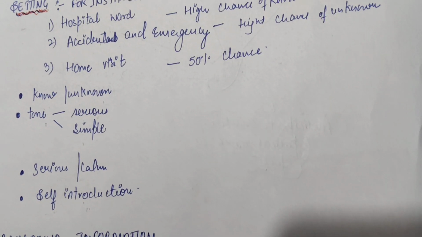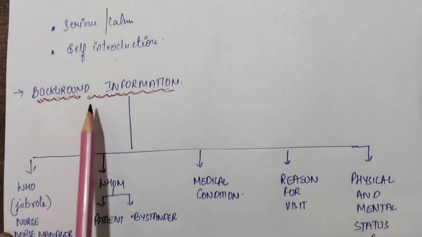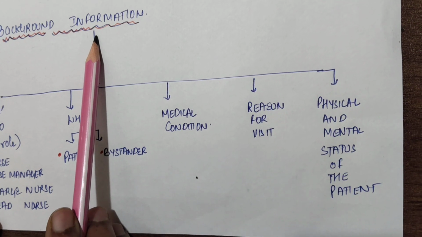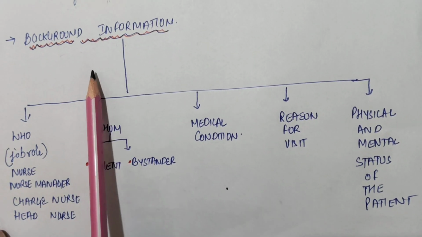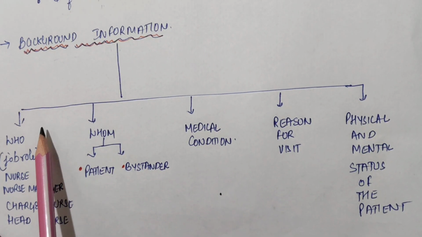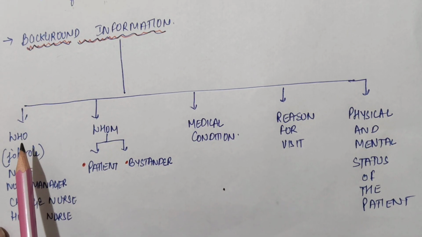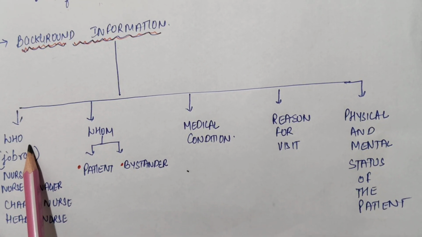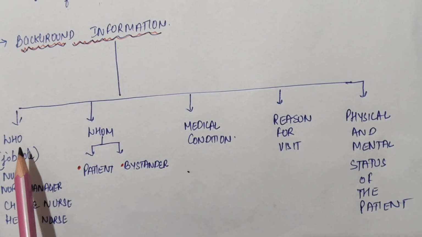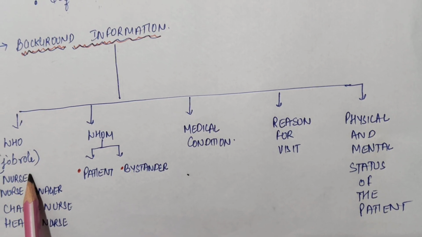After that, the second part of the role play card is the background information. First of all, in background information, we can find what the role of the nurse is.